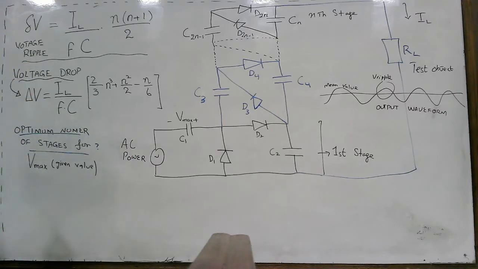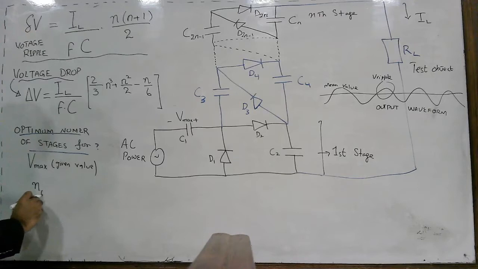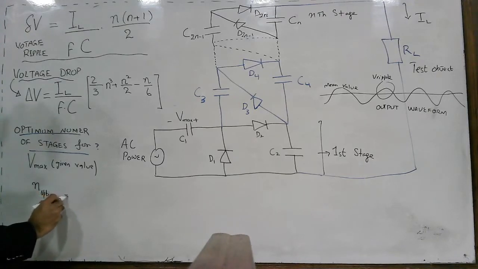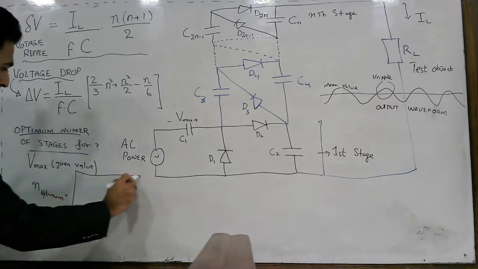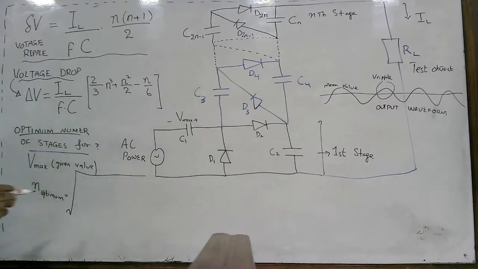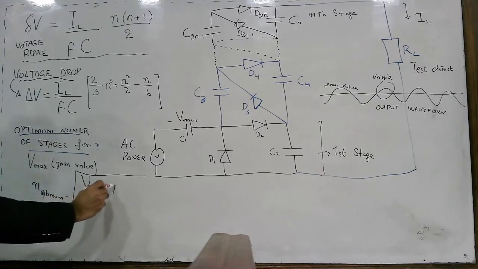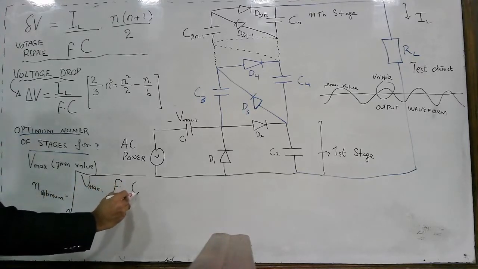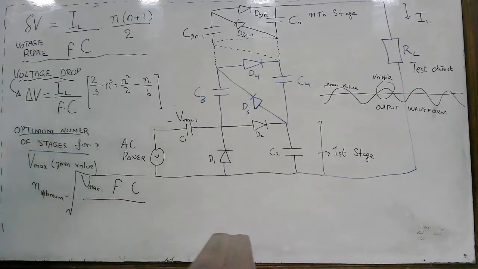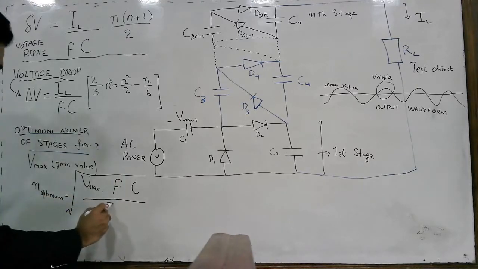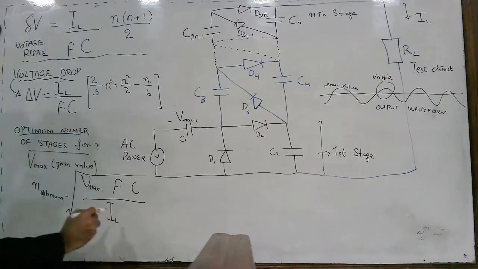So here again we have an equation: N optimum is equal to under root of V max multiplied by the frequency multiplied by the capacitance divided by IL.